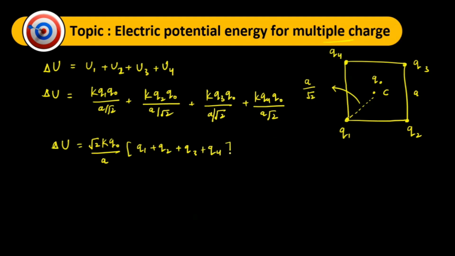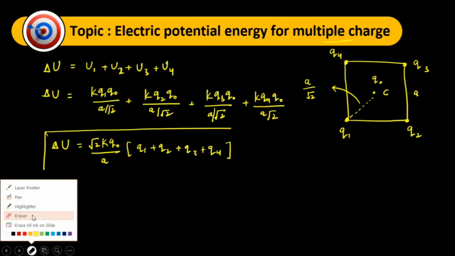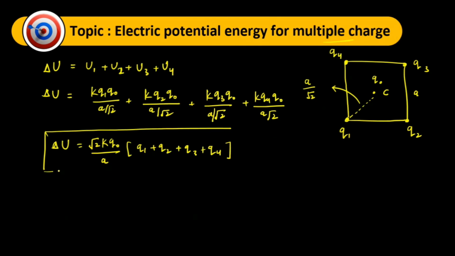What's important to understand here is that whatever force is acting between the charges is going to be responsible for the potential energy. And then if we have to find the potential energy of the system, we'll add the potential energy of individual pairs of charges for the given system. In order to understand this relation to a greater extent, let us see how much work is actually required to form such a configuration.